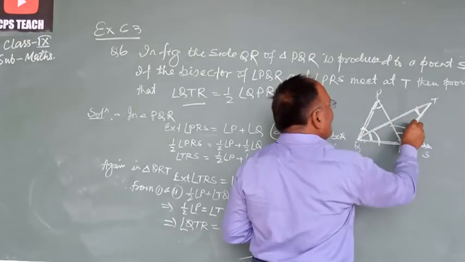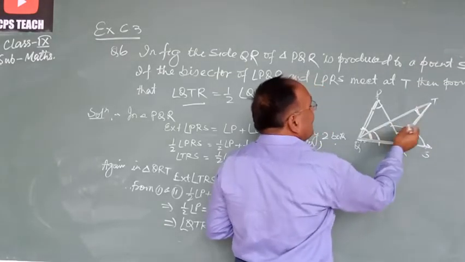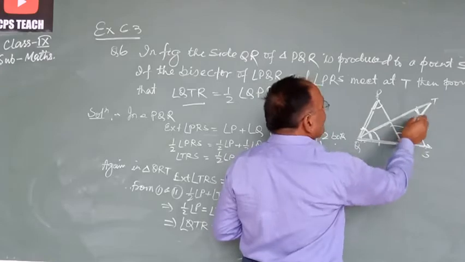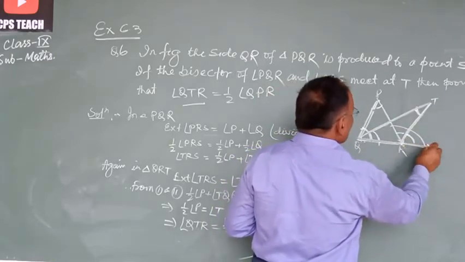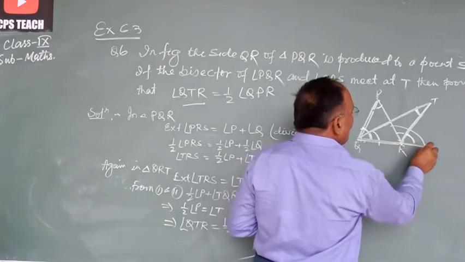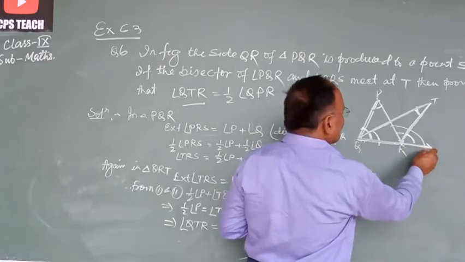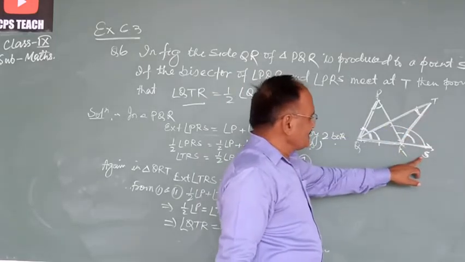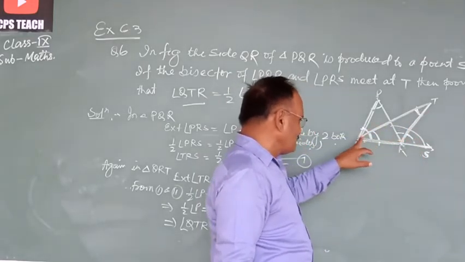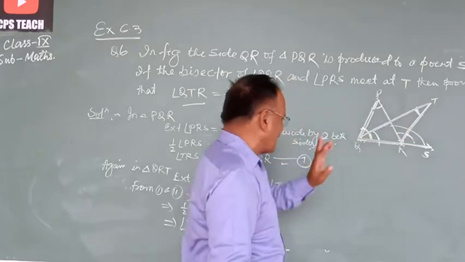triangle QRT, और इस QRT में RS एक्सटीरियर लाइन हुआ, यानी QR को हम आगे तक बढ़ाए हैं S तक, तो angle TRS, it is the exterior angle of the triangle QTR.